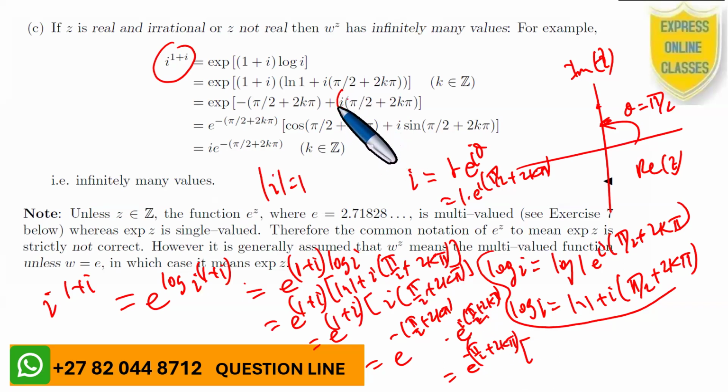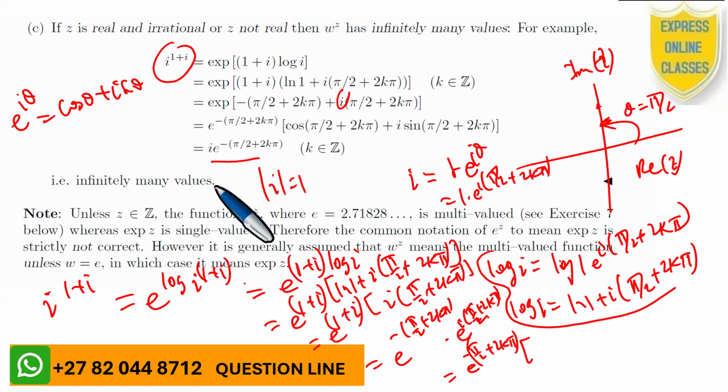And this e to the i, you used Euler: e to the i theta is always cosine theta plus i sine theta, then you use that. And therefore, if you use that, you're able to get this answer here, and this has infinitely many solutions in terms of k.